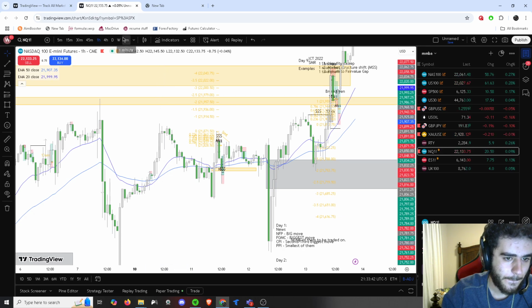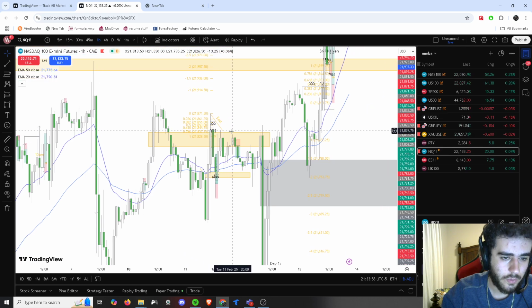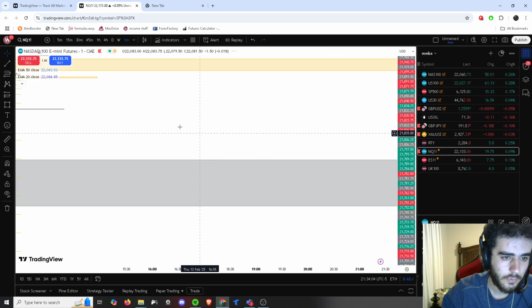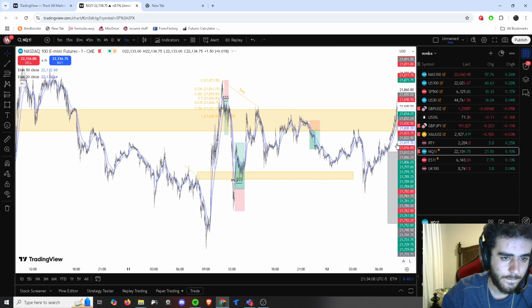So also, this 1 hour got inversed right here. You guys can see that. Close above, meaning we're looking for longs in this range as well as now in this range. So go in.